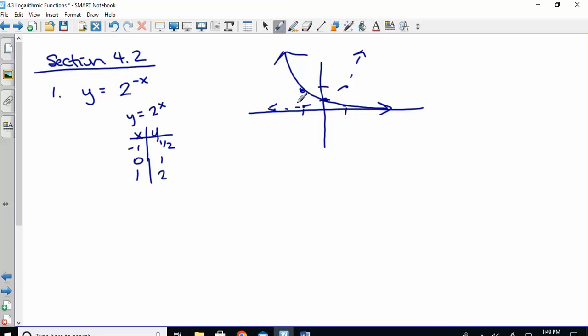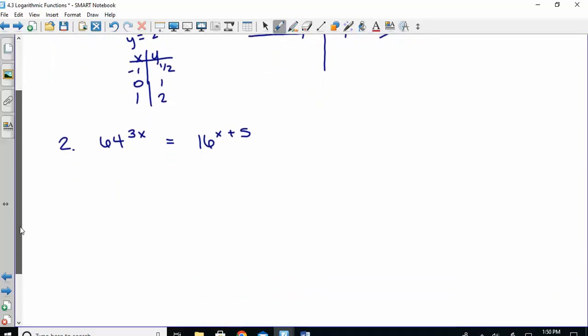We also started solving exponential equations. So let's try a couple of those. So what could we do?